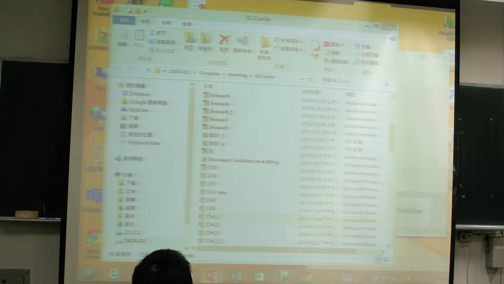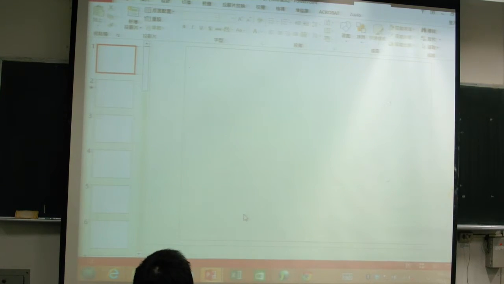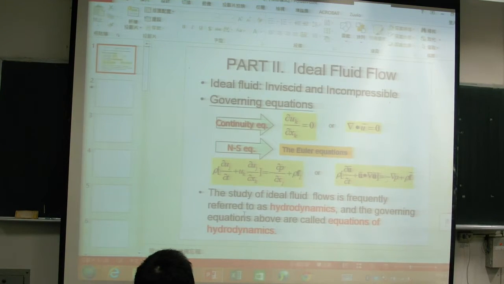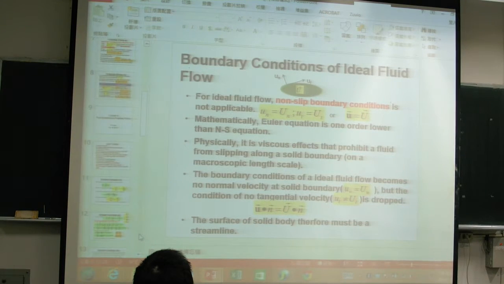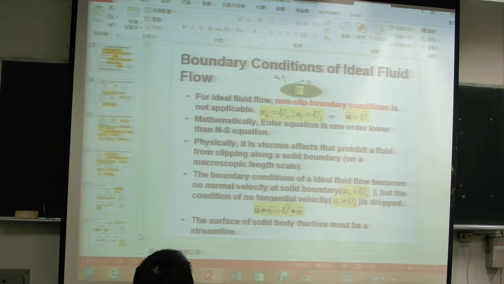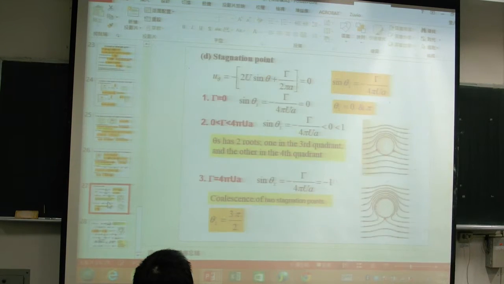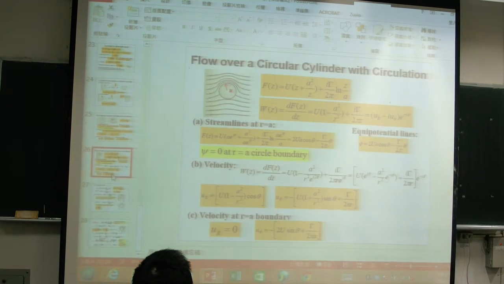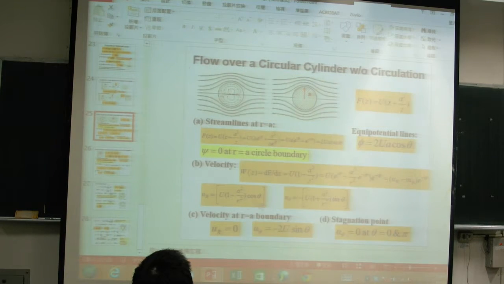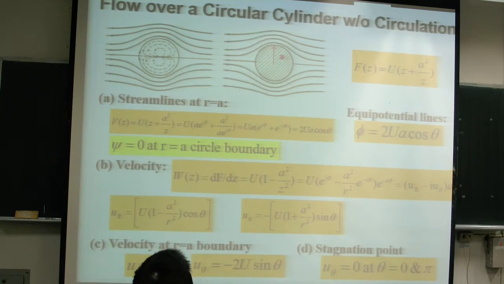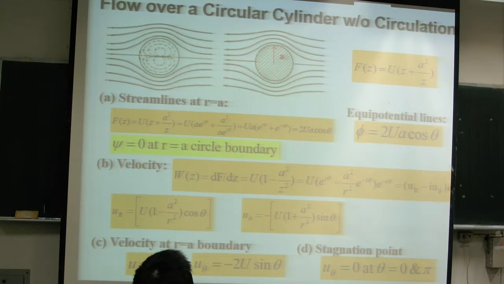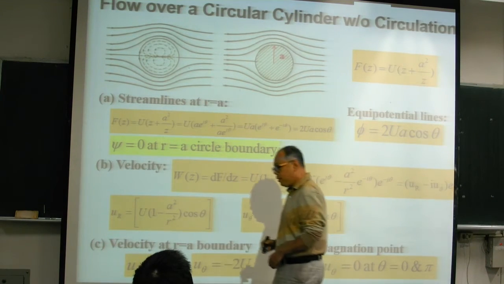Okay, here, 4.1. Originally we have this flow, right? Flow over a cylinder without circulation.